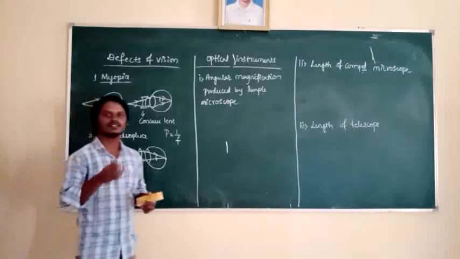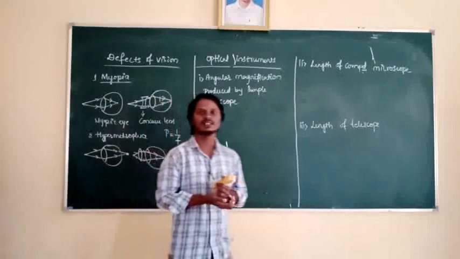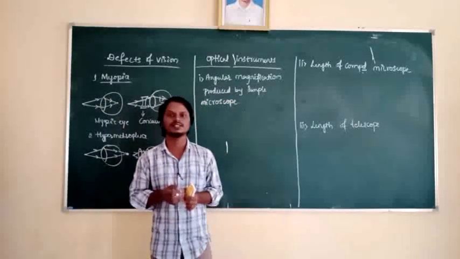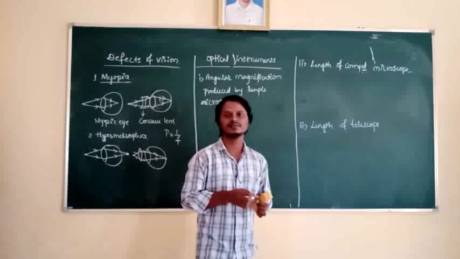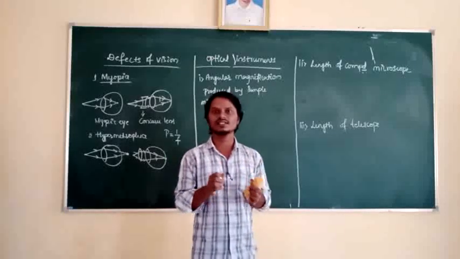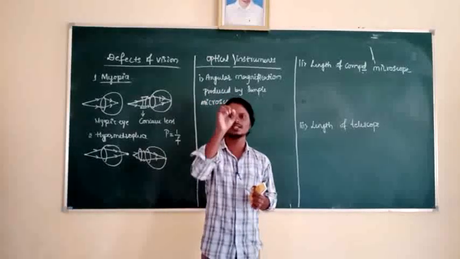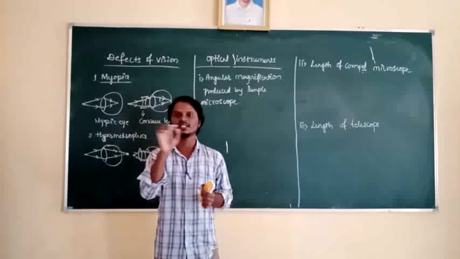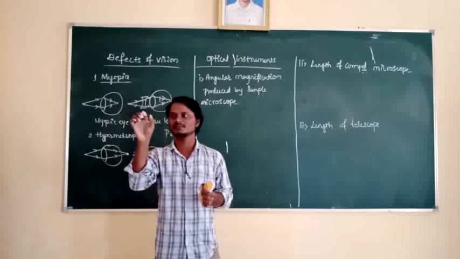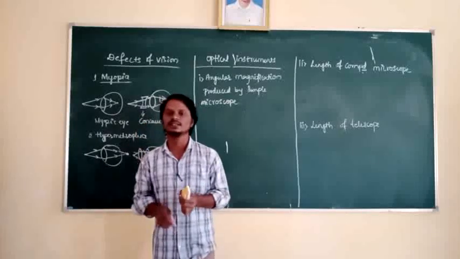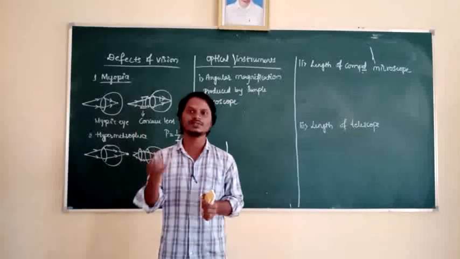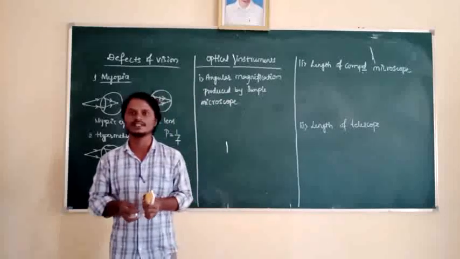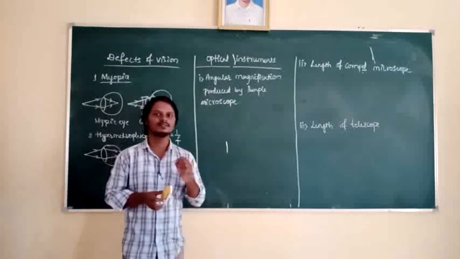Okay. Next, the last type of defect, that is astigmatism. What do you mean by astigmatism here? It is also a type of defect of vision. The person with this defect couldn't see vertical lines and horizontal lines with the same clarity. Sometimes for him the horizontal lines appear to be curved. To overcome this one, we are going to use cylindrical lens.